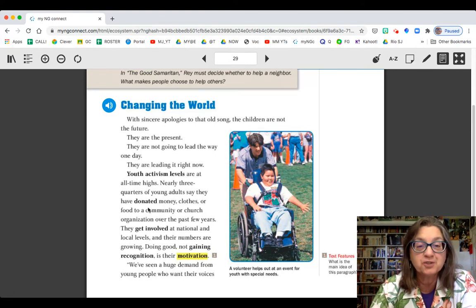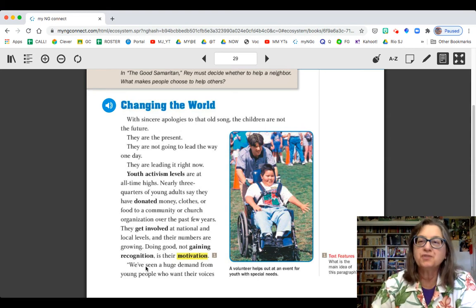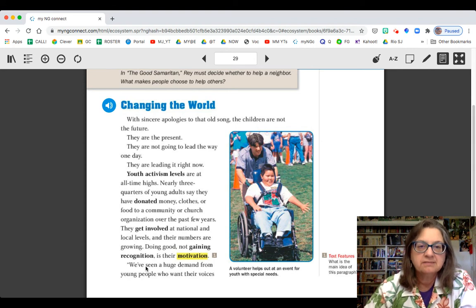So for free, they're doing things. Get involved, being active. It's not about gaining recognition. Not to be recognized for doing it. Oh, good job. No. That's not why. It's to help change the world, to make it a better place. That's their motivation.